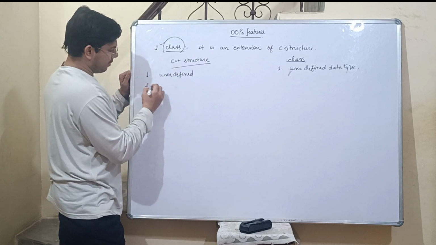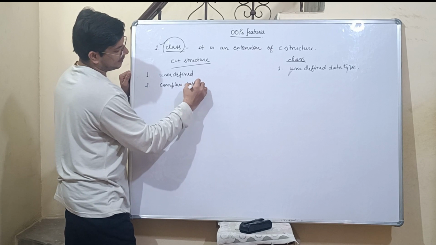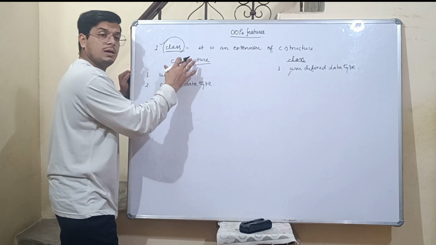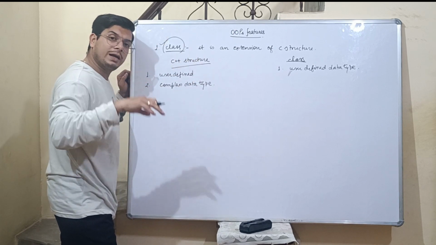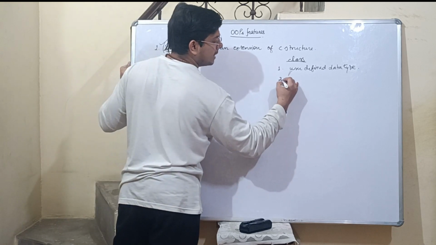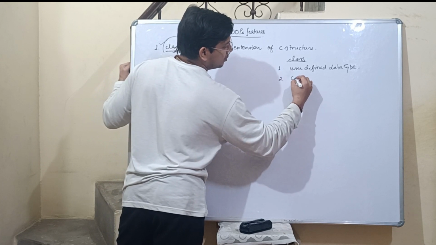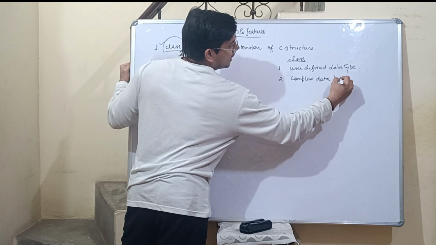So it is kind of complex data type. Many different things are there now. This structure can contain many different variables, with different data types as well as the functions. So it is a complex data type, and class contain also the same. That is why it is also complex data type.